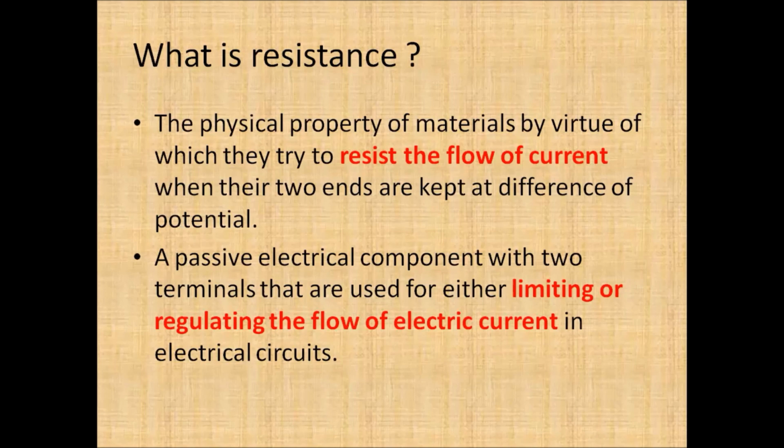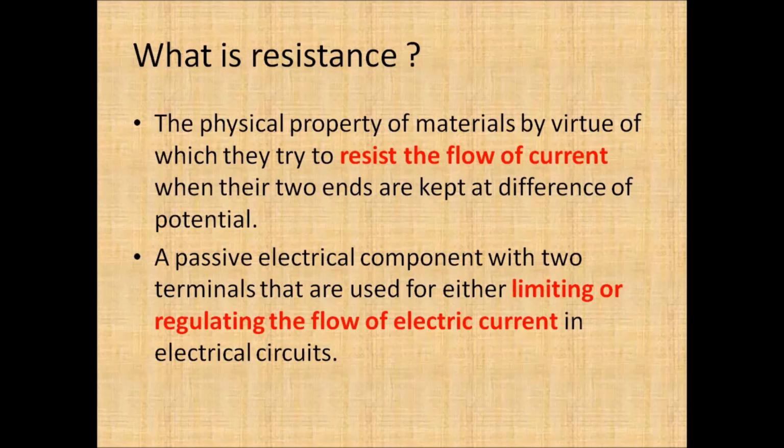But basically, in terms of electricity, if we talk about the electrical materials or the conductors or any material which we are going to use in any electrical network, the physical property of these materials by which they resist the flow of current within their body is represented as electrical resistance. So basically, whenever a current starts to flow through a conductor, the flow of current will be opposed by the conductor molecules, and this opposition is referred to as the electrical resistance.